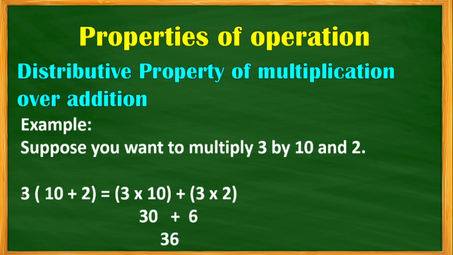We can distribute 3 to 10, 3 to 2. So 3 times 10 is this part, and 3 times 2 is this one. And then 3 times 10 is 30, 3 times 2 is 6, 30 plus 6 is 36. So that would be distributive property of multiplication over addition.